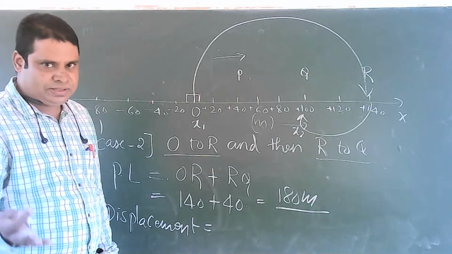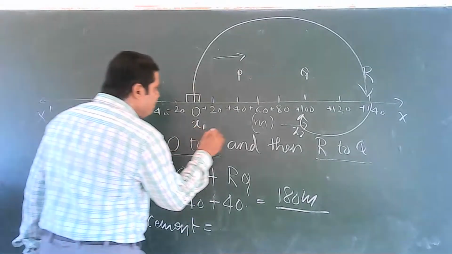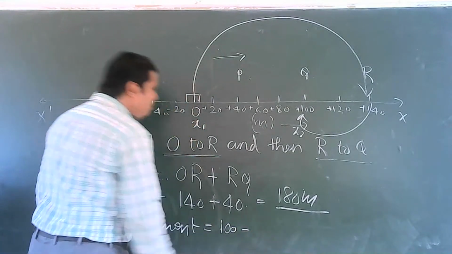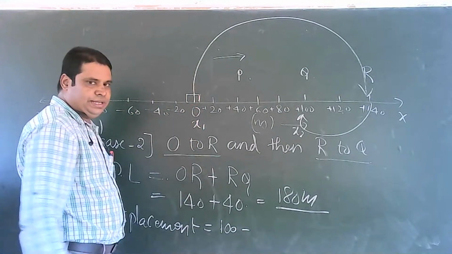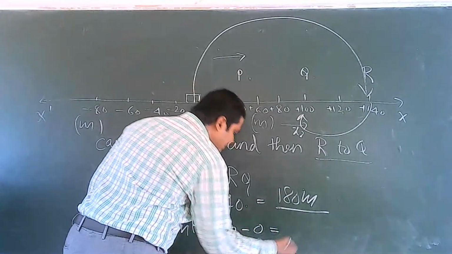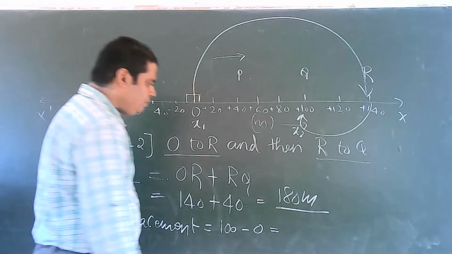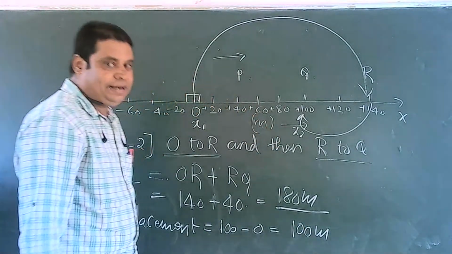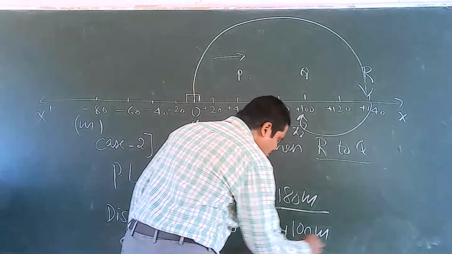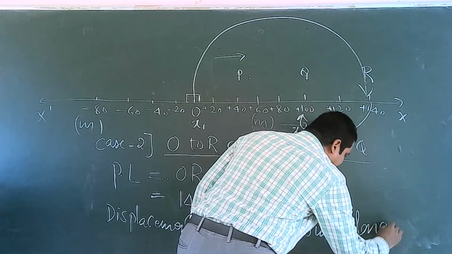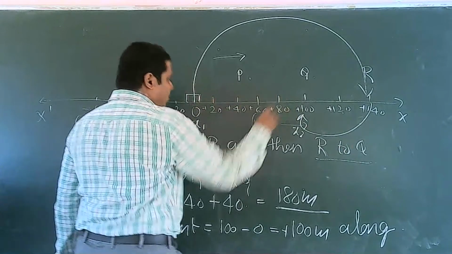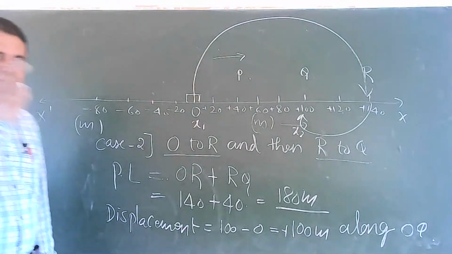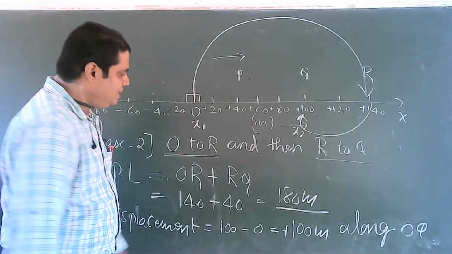Final position is Q, which is equal to 100, minus initial position O, which is equal to 0, which is equal to 100 meter, along OQ. You have mentioned direction also.